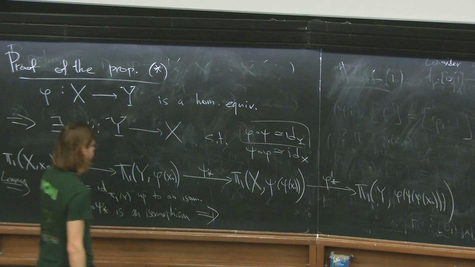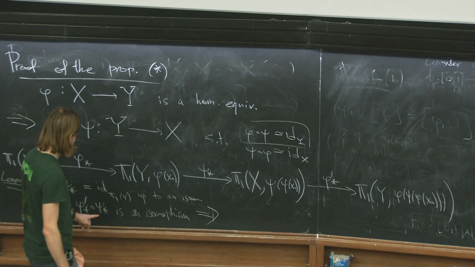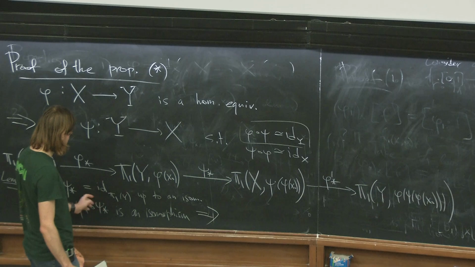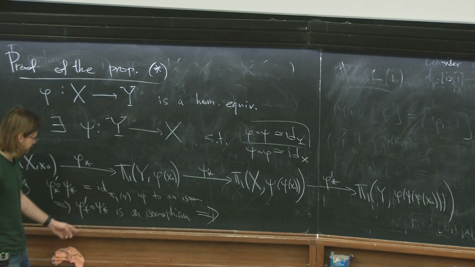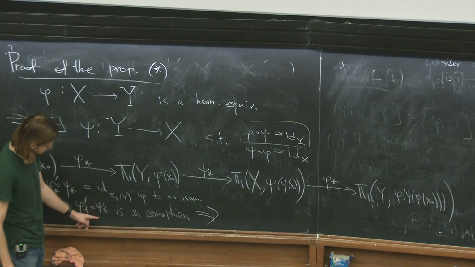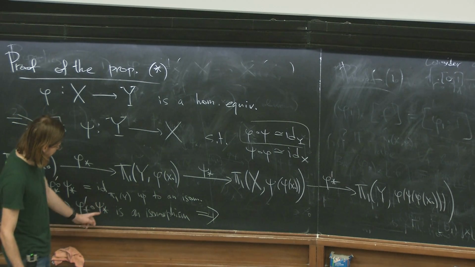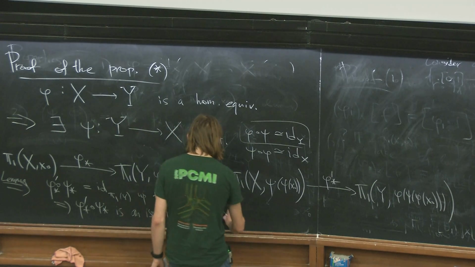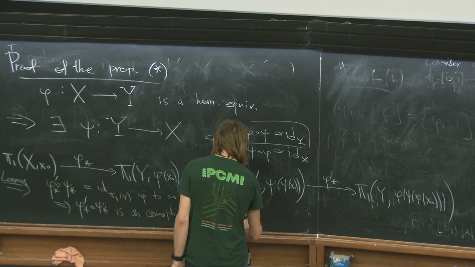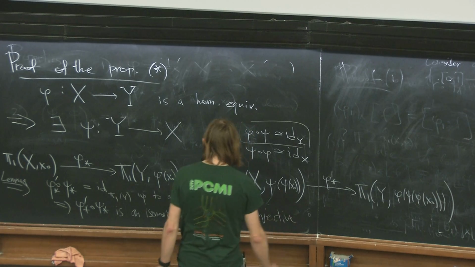So let me take this thing. If this is an isomorphism, it has trivial kernel, it's injective. If the composition has a trivial kernel, then the map which you use first should also have a trivial kernel. And this means that psi star should be injective.